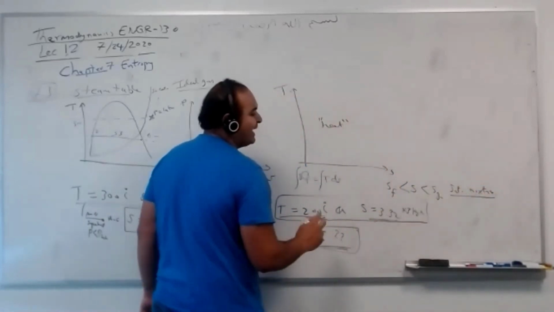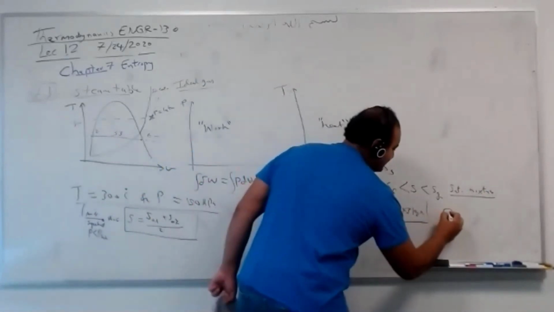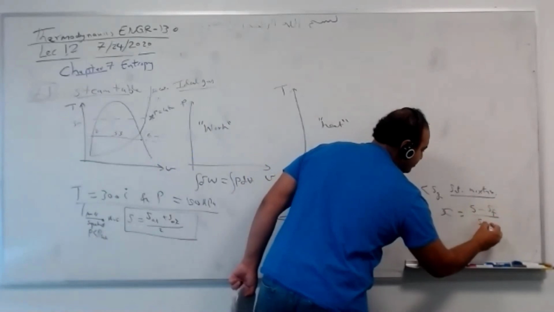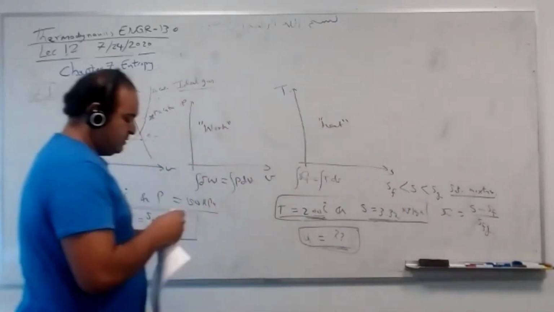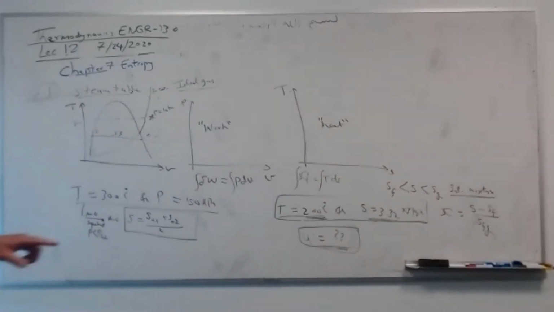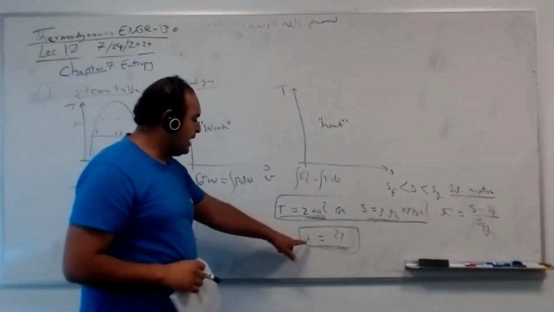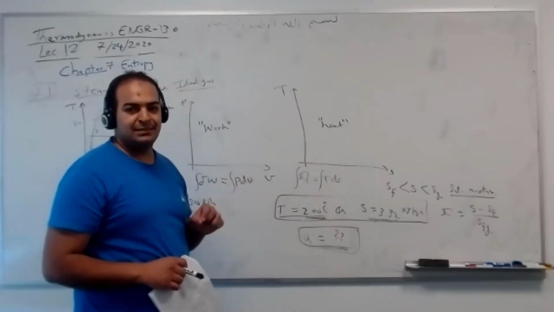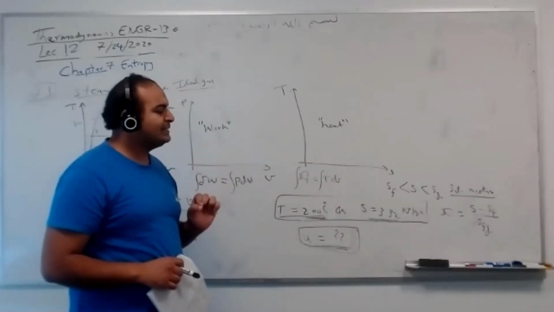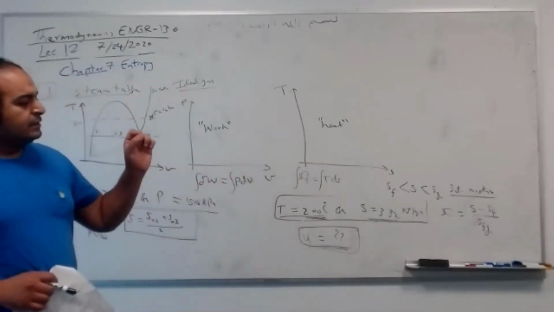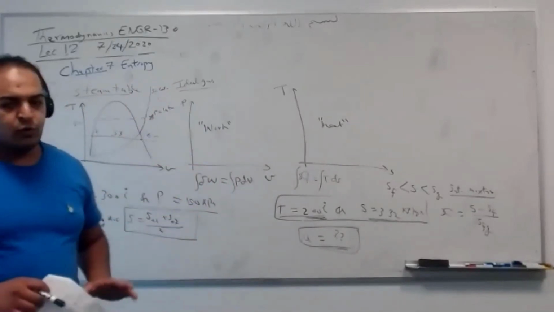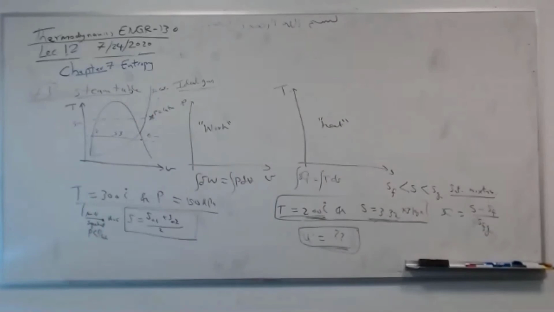It means you can get X. So X equals S minus SF over SFG. Because if you want U, V, H, anything at this state, you need to get X, the quality. The quality is the property minus the property at liquid over the difference. So go back and get SF and SFG, which are given explicitly.